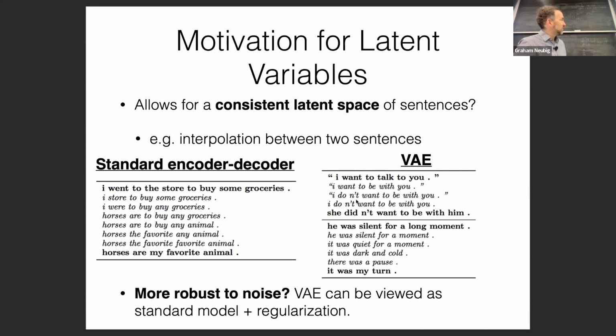It goes in natural order between these sentences, and all the ones in the middle are also consistent. The reason this happens is that we're guaranteed to have a dense space of embeddings. The prior encourages the space of underlying embeddings to be dense, so none of the sentences in this interpolation would be unnatural.